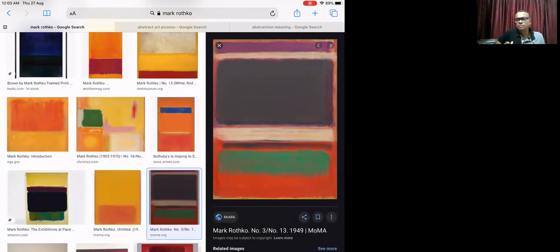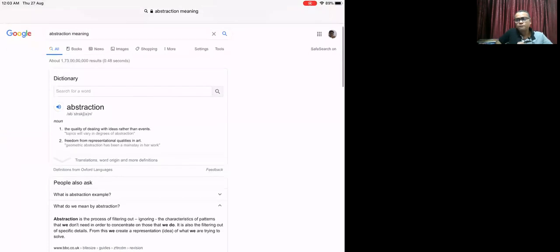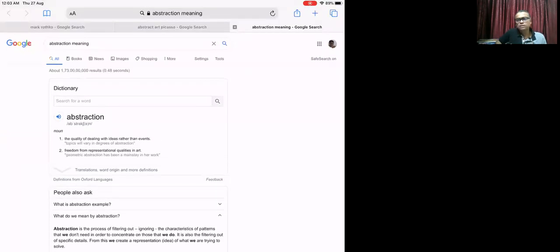It's not something that can be represented concretely. It tries to capture a feeling. If you remember the second definition, it says freedom from representational qualities in art. So it tries to capture not some representational existence, but some sort of feeling.